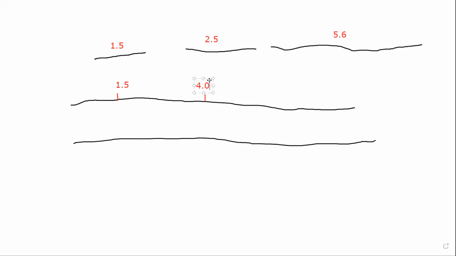Did it look like this? Or did it happen that maybe the 2.5 came first and then that 5.6 went in? If that were the case, now we'd have 2.5, and 2.5 plus 5.6 is 8.1. No, we don't know which one it is.